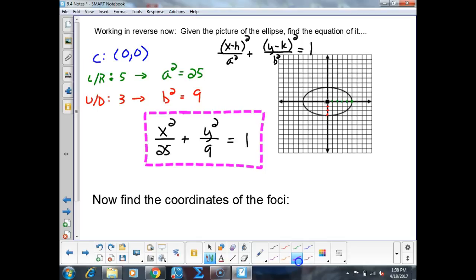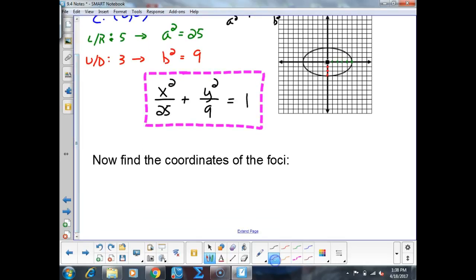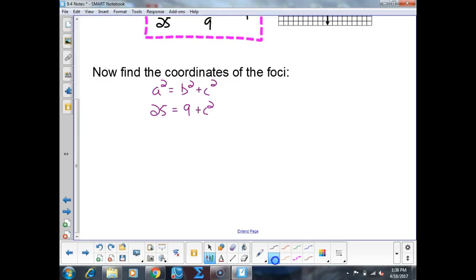Okay. Now we can find the coordinates of the foci. What's a squared? 25. What's b squared? 9. Which makes c squared how much? 16.